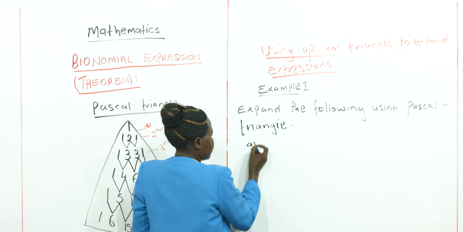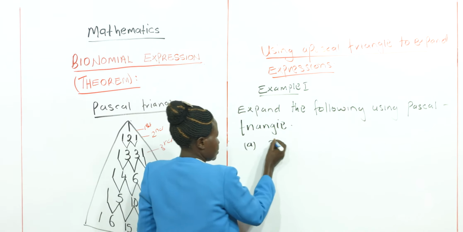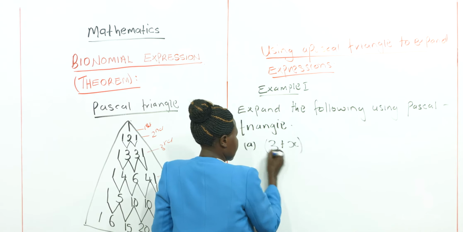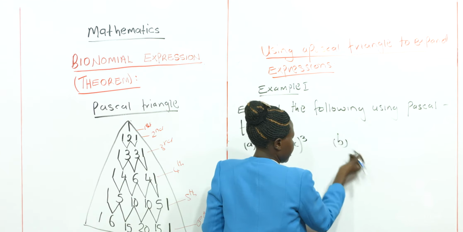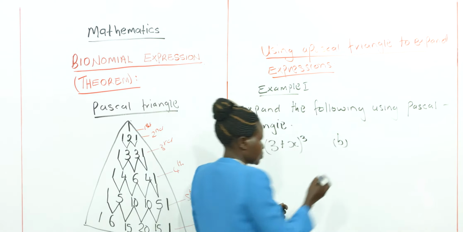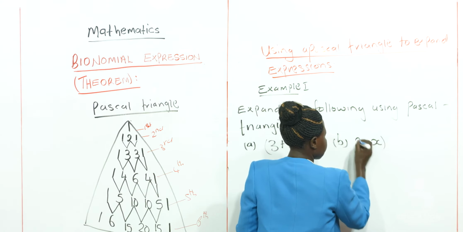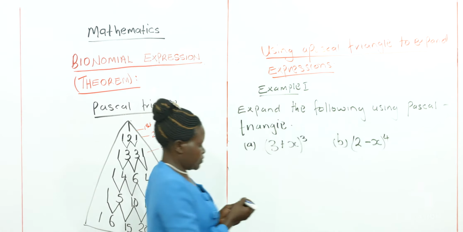Using the Pascal triangle, and we have A, 3 plus x raised to 3, and then B we have 2 minus x raised to 4, and so on and so forth.